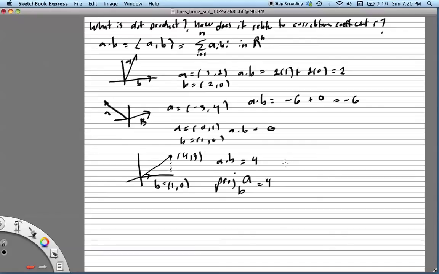So we could say that the projection of A onto B in general, and B also didn't have to be on the coordinate axis for this to hold, is just A dot B over the magnitude of B. So in this way, we can see that a dot product relates to how far one vector has moved in the direction of the other, provided that you've made the vector you're projecting onto a unit vector.